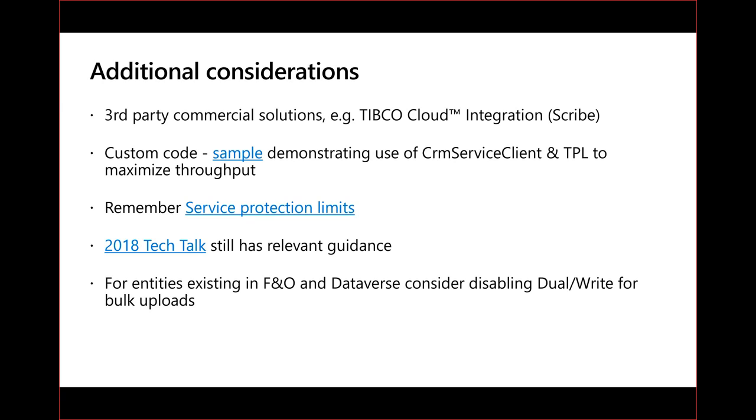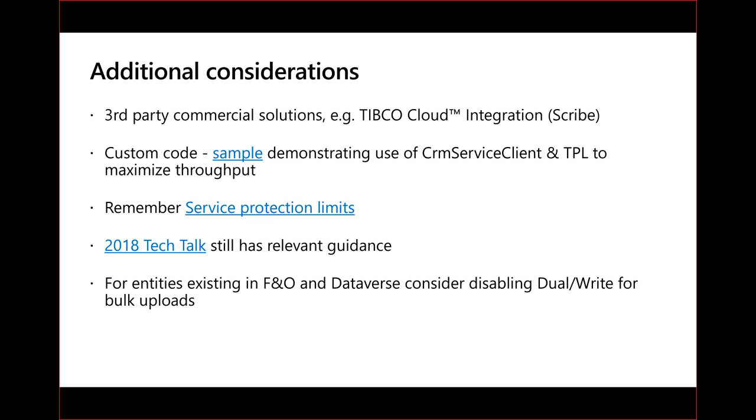Then, once you have disabled dual write and uploaded in the source environment, you can enable your dual write map again and use the initial sync for synchronizing the data. That initial sync basically will use the data migration framework on your finance and operations for getting the data from your source to your destination.